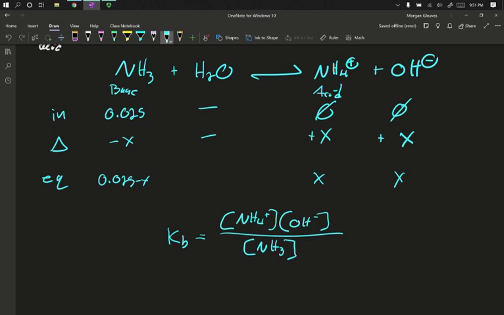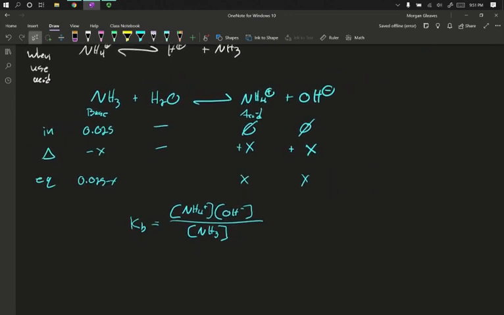Some of these can be looked up, but we can also calculate it from the Ka value. For a conjugate acid-base pair, if you know the Ka, the Ka times the Kb must equal Kw.